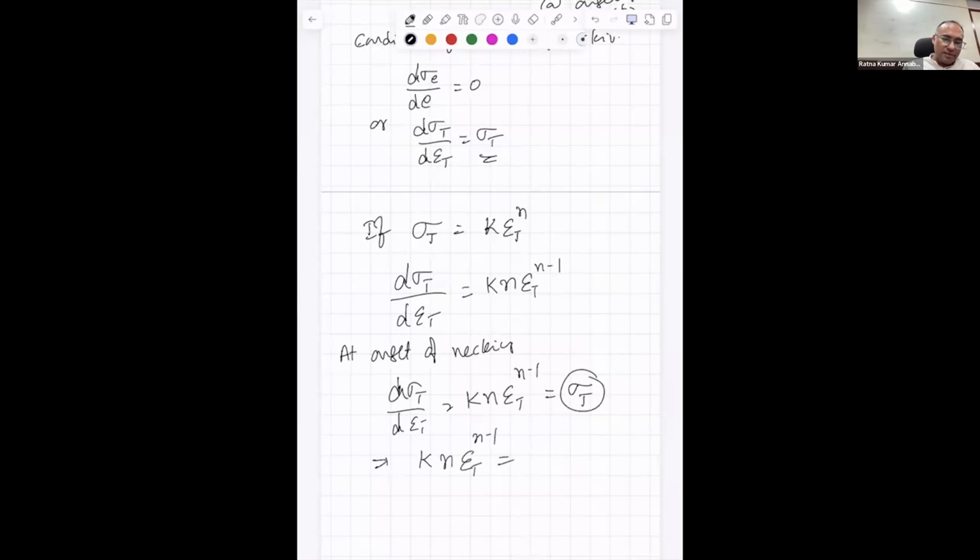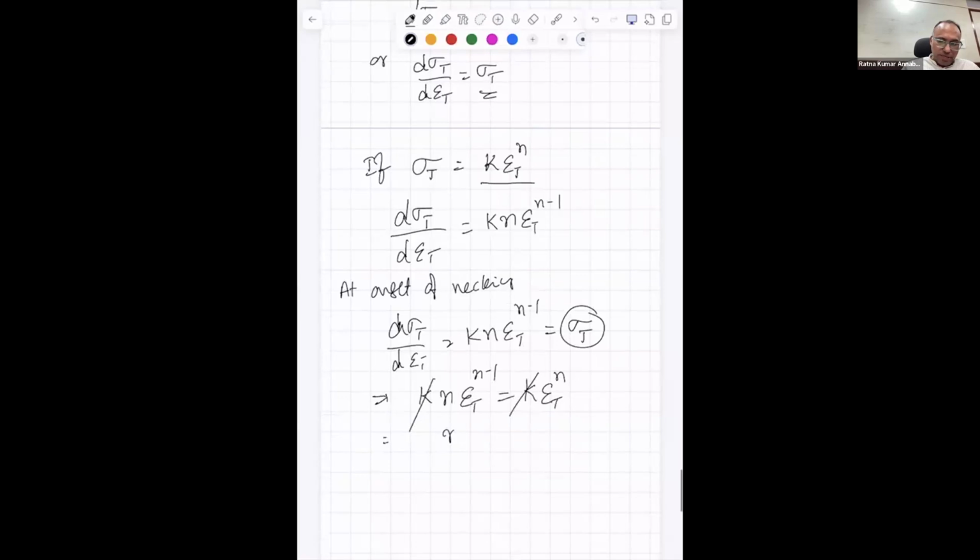σT is again k εT to the power n. K gets cancelled, and that gives n by εT times εT to the power n is equal to εT to the power n. This is cancelled. That implies εT is equal to n.